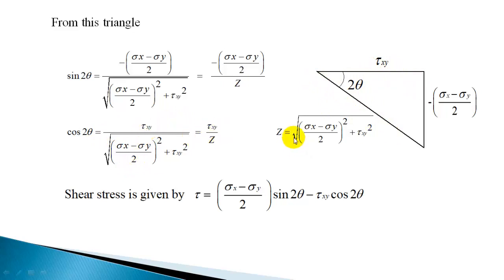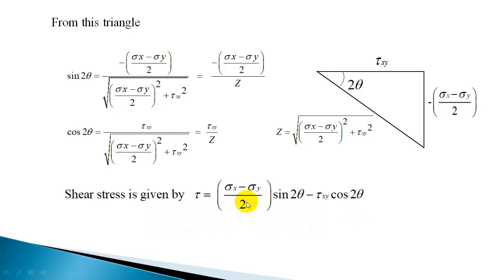Tau xy divided by root of ((sigma x minus sigma y) by 2) square plus tau xy square is equal to tau xy divided by z. So you get cos 2 theta and sin 2 theta from this, and we can now substitute them in the shear stress expression.